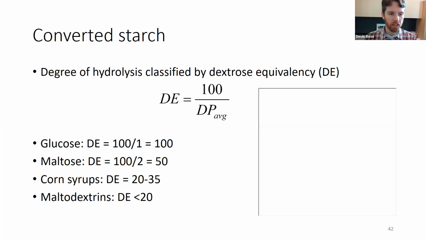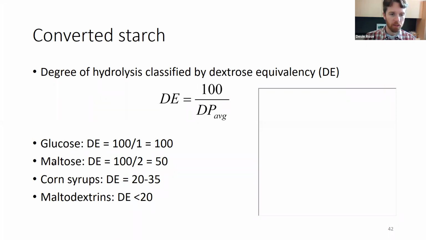So if we take glucose, for instance, it would be 100 divided by 1, because it's just a DP of 1. And so that would be 100, which, if you don't know, dextrose and glucose are synonyms. So those are the same compound. Dextrose is just an old-fashioned name for glucose. So this could be called glucose equivalency, which should be 100.